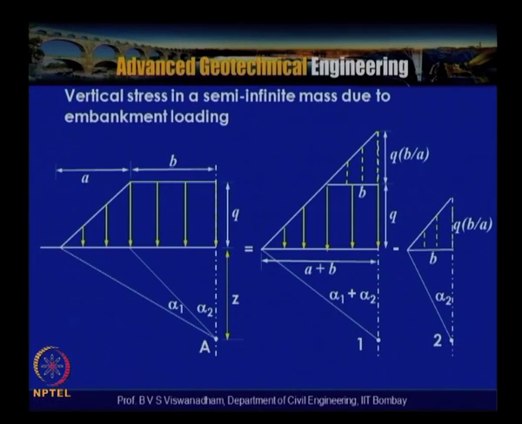In order to compute the vertical stress in a semi-infinite mass due to embankment loading, what we need to do is simply extend this line further and calculate by using similar triangles between this triangle and this particular triangle and this particular triangle.